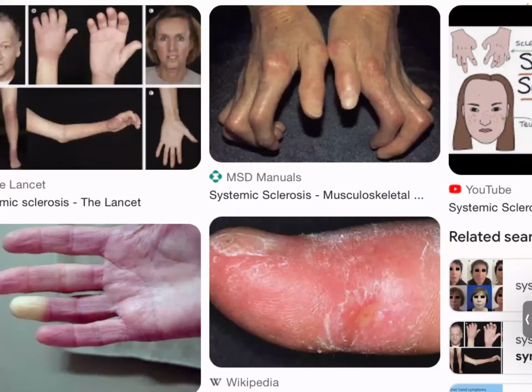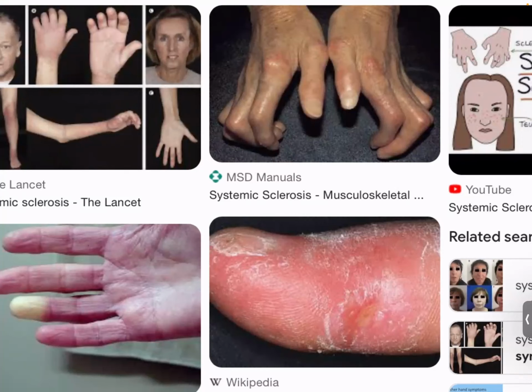Systemic sclerosis. And I am showing all these pictures to make sure that not all deforming arthropathy is rheumatoid arthritis. Please remember and put it in your mind and take it as a note. Not all deforming arthropathy is rheumatoid arthritis. So don't rush into the diagnosis of rheumatoid arthritis in case of deforming arthropathy.